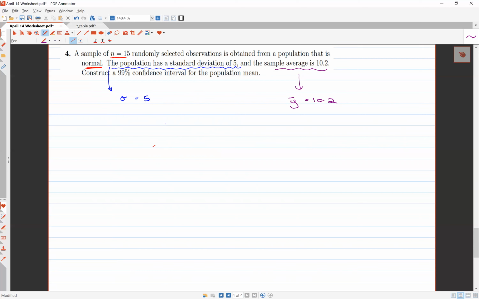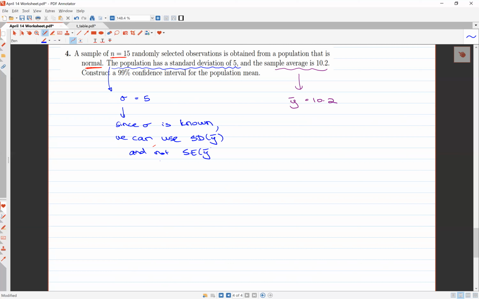Now, when you know the population standard deviation, it changes the calculation a little bit. Because sigma is known, we can use standard deviation and not standard error.